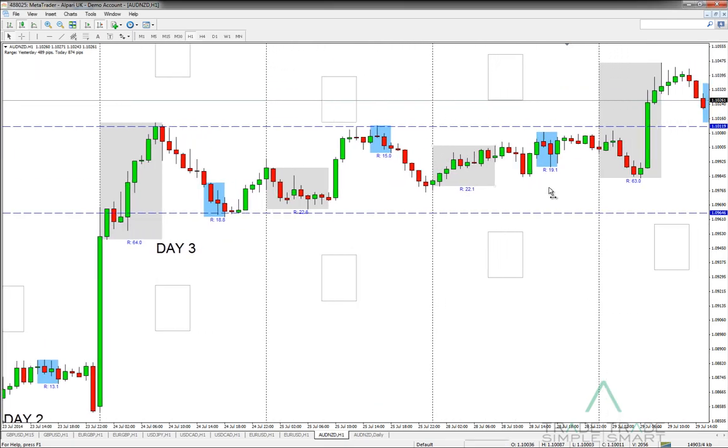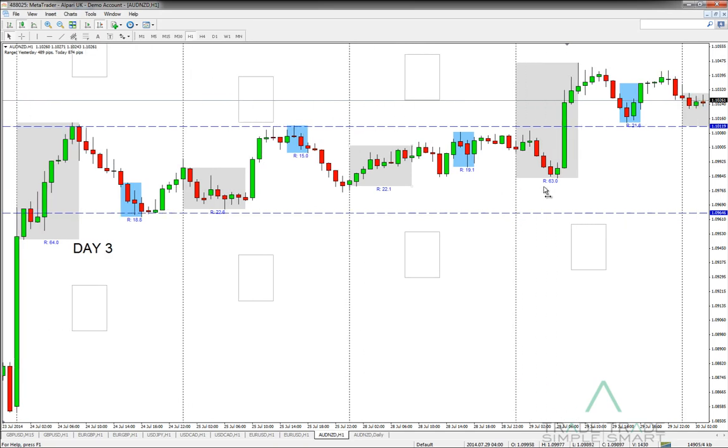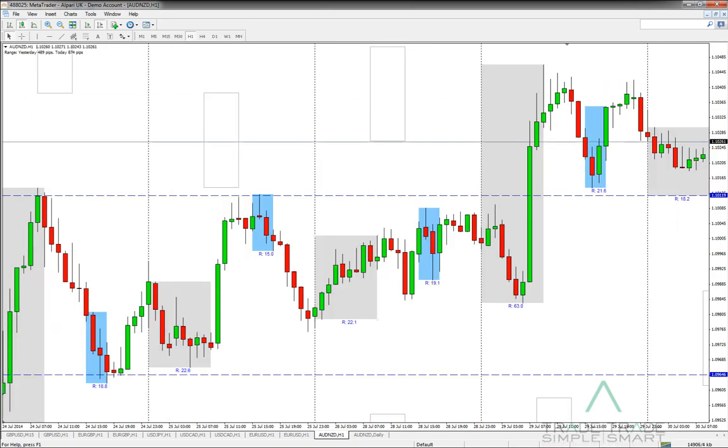So if we move the market on, we can see that smart money break the resistance area of the zone, and as we know, this would induce buyers into the market.